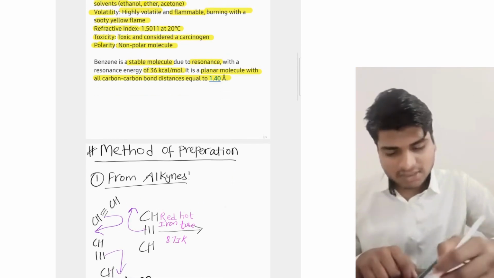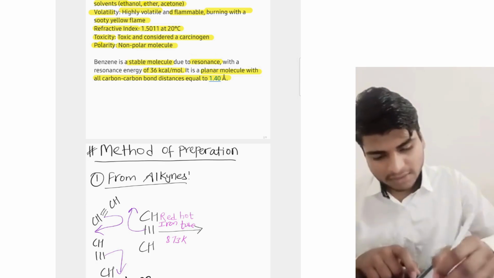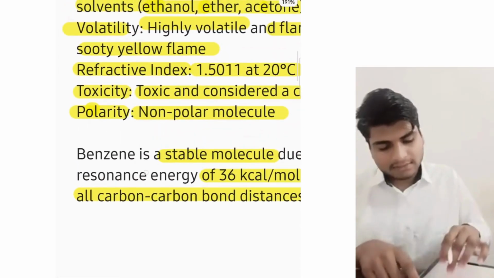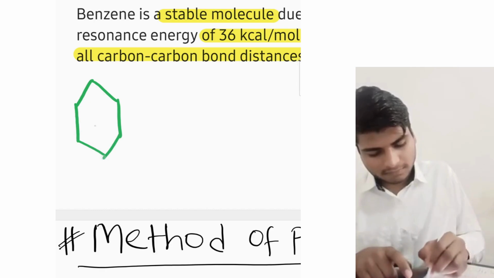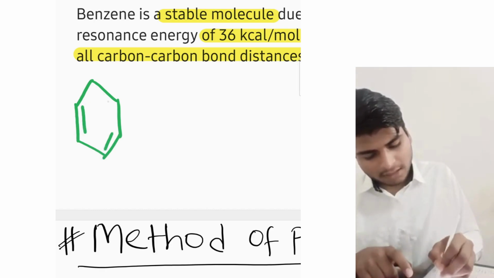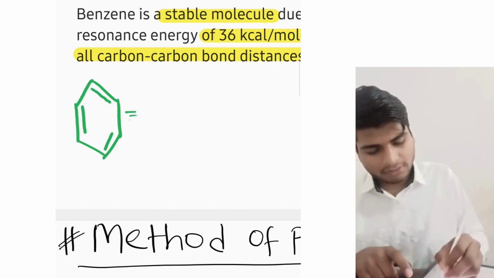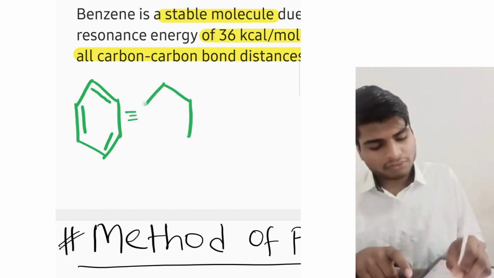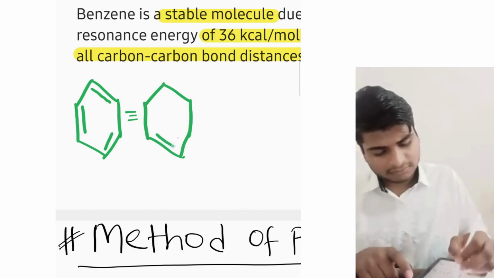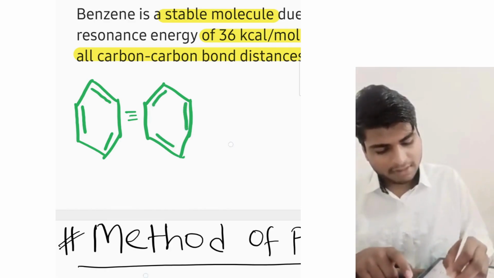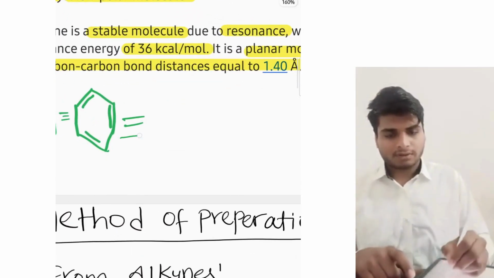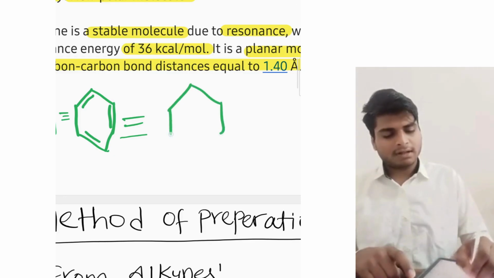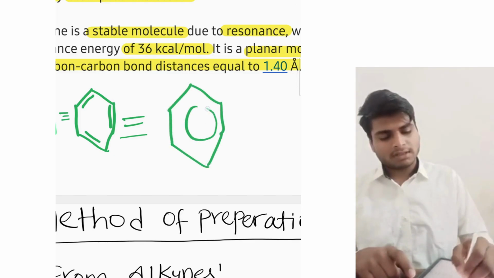The resonating structures will be like this. This is the structure with alternate double bonds. This will be similar to this alternate double bond structure, and it can also be written as this circle.